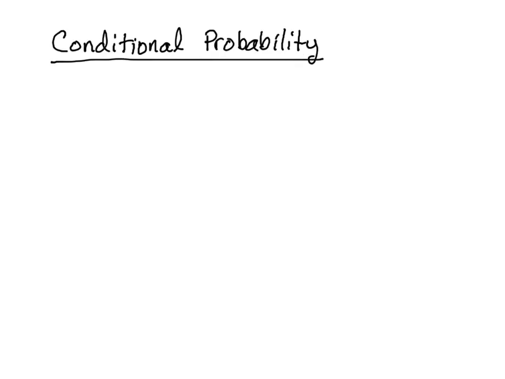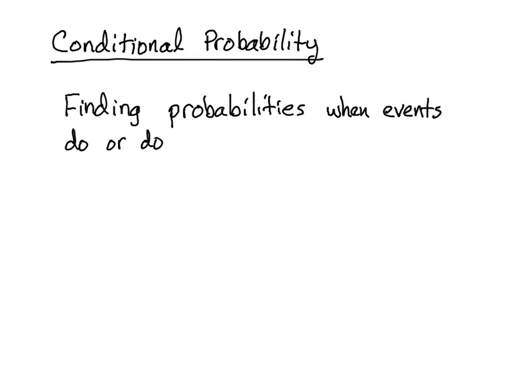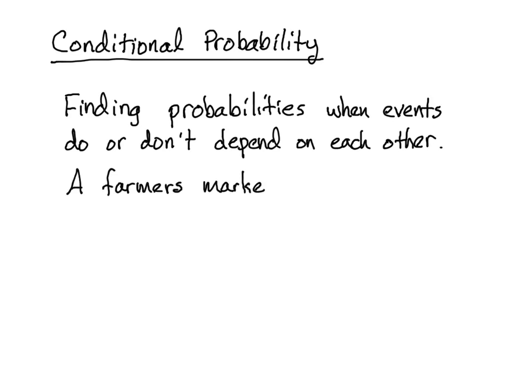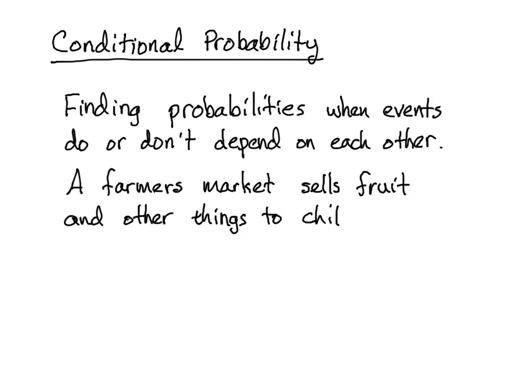Okay, so now let's look at conditional probability. Conditional probability is finding a probability when events do or don't depend on each other. Okay, so let's say, as an example, a farmer's market sells fruit and other things to children and adults.